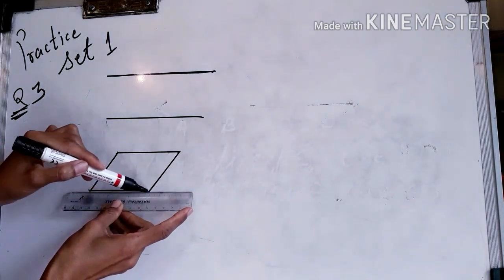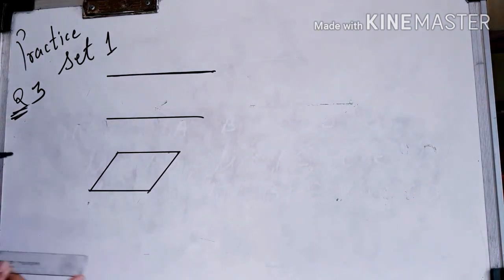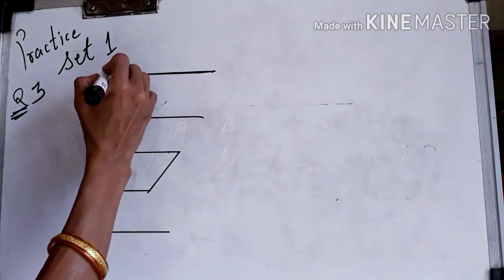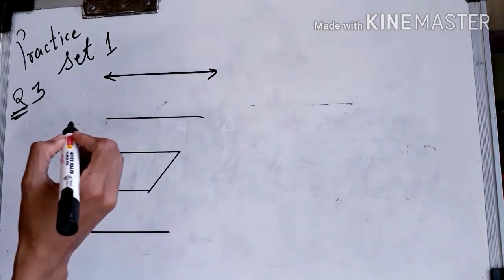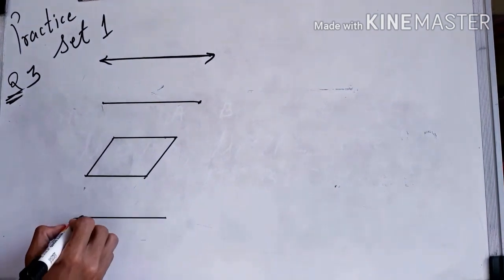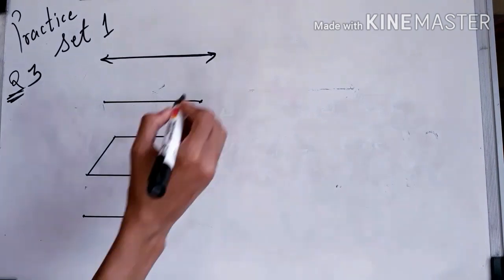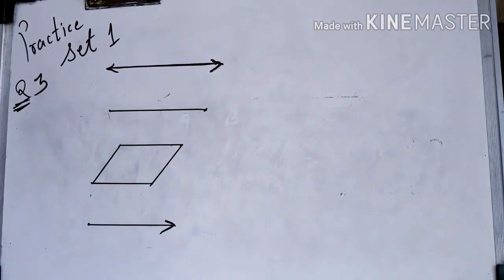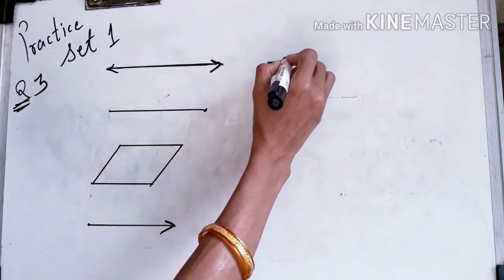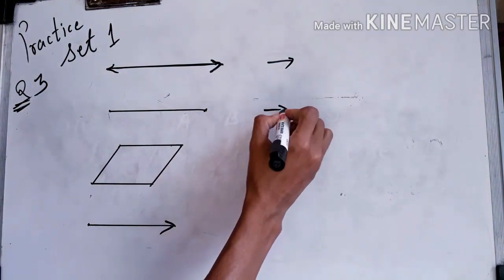See in your textbook, page number 5. Here both sides arrows, here dots are given, and here only one side arrow is there. So now ray, plane, line, and line segment. I'm going to write the answer here in front of each particular figure.